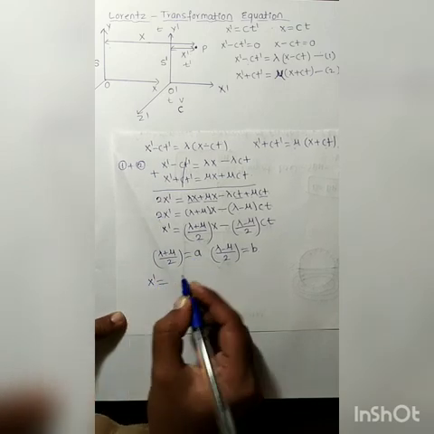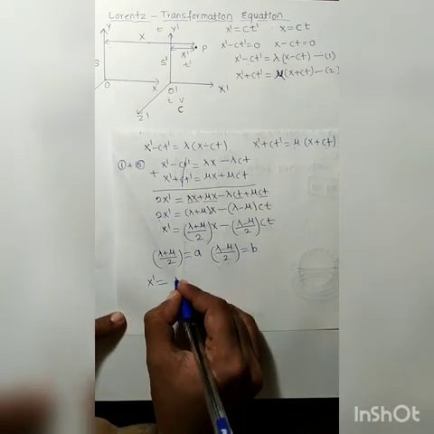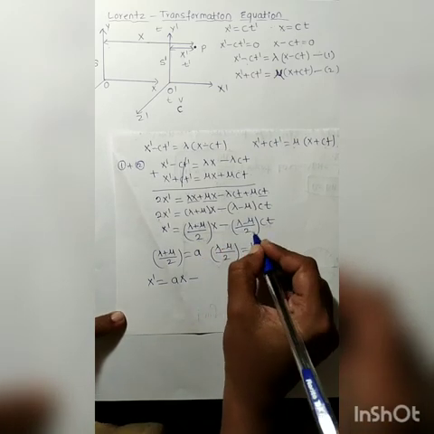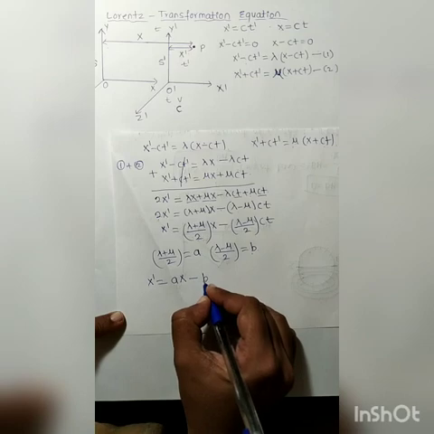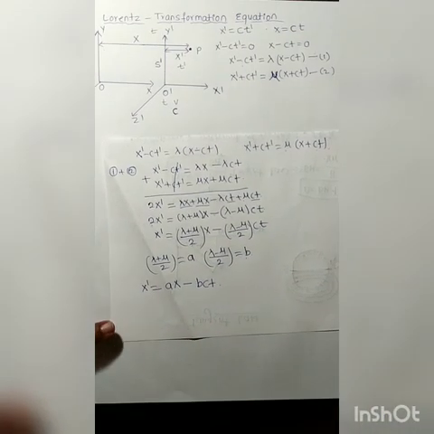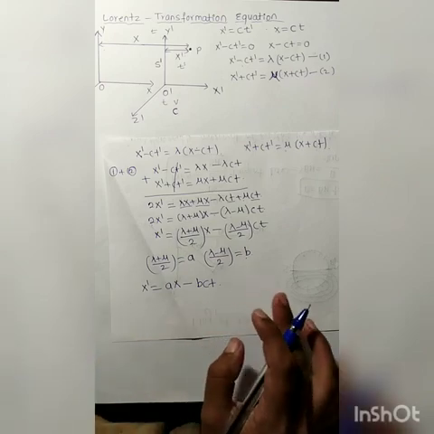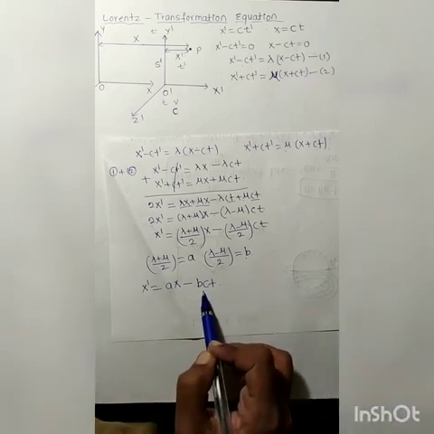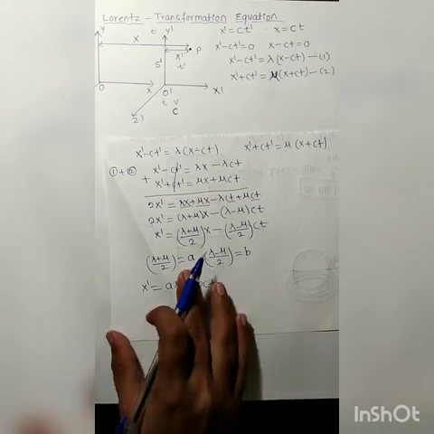That is x dash is equal to, this becomes a. So a into x as it is, minus this term means what? B. So minus b into c into t as it is. So this is the equation we got by adding equations 1 and 2. That is x dash is equal to ax minus bct.